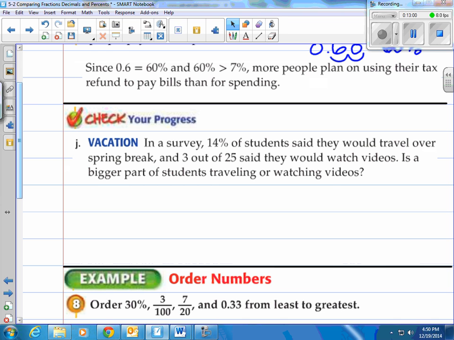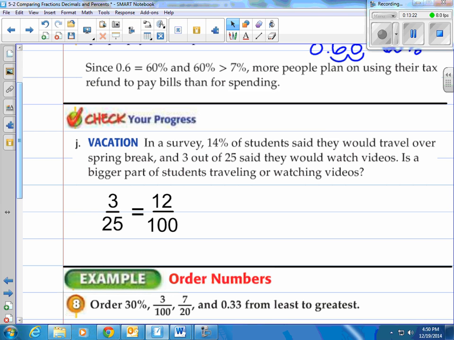In a survey, 14% of students said they would travel over spring break, and 3 out of 25 said they would watch videos. Is a bigger part of students traveling or watching videos? Well, first off, we've got 3/25, and that's equal to 12 100ths.